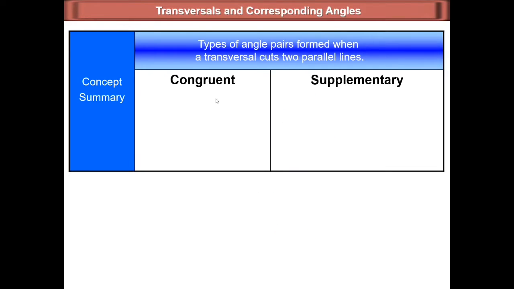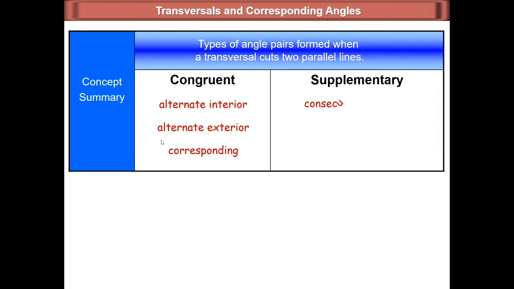To summarize the content so far, we note that when two or more parallel lines are cut by a transversal, our angle relationships form numeric relationships. And those relationships fall into two categories. The angles are either congruent or supplementary. The congruent angles will be alternate interior angles, alternate exterior angles, and corresponding angles.